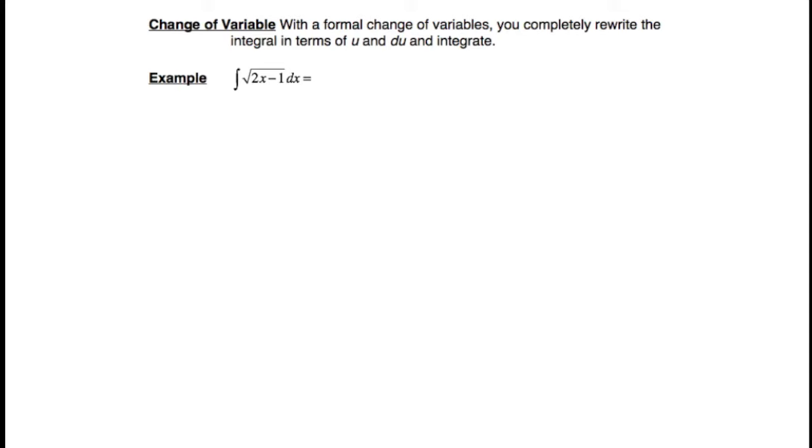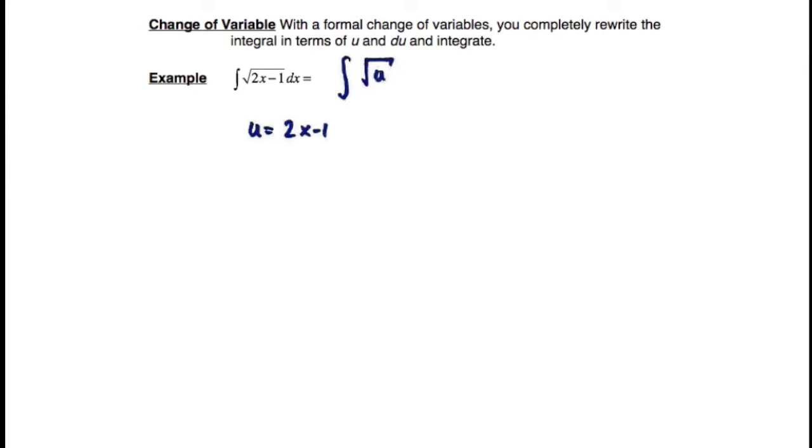A change of variable is a more formal mathematical technique. You can completely rewrite the integral in terms of a new variable u before integrating. Here we are trying to integrate the square root of 2x minus 1. It seems pretty obvious that the change of variable is going to be u equals 2x minus 1.